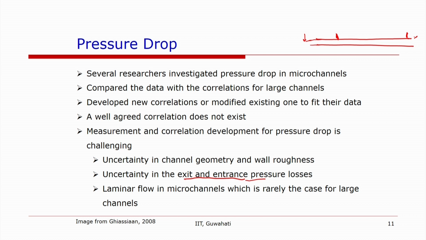Then the wall roughness: epsilon d is a length scale for roughness, and capital D is the channel diameter. Looking at the accuracy of machining and manufacturing, epsilon d over D will be very small for large channel diameters. However, it will not be the case for microchannels. So the roughness might have a stronger effect, and epsilon d over D can have an effect. Channel geometry of course will have an effect on the pressure drop.